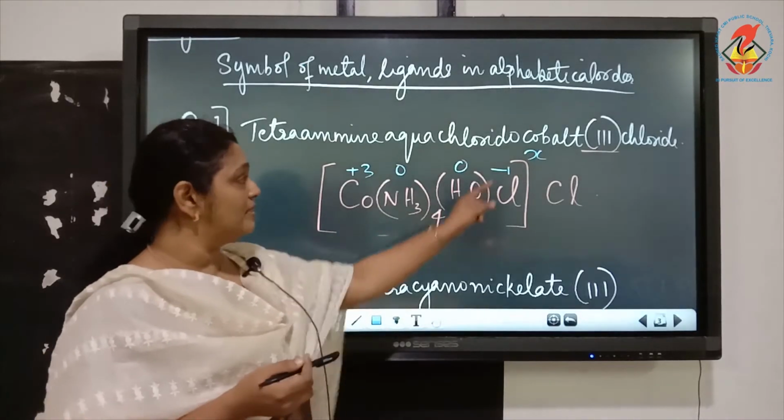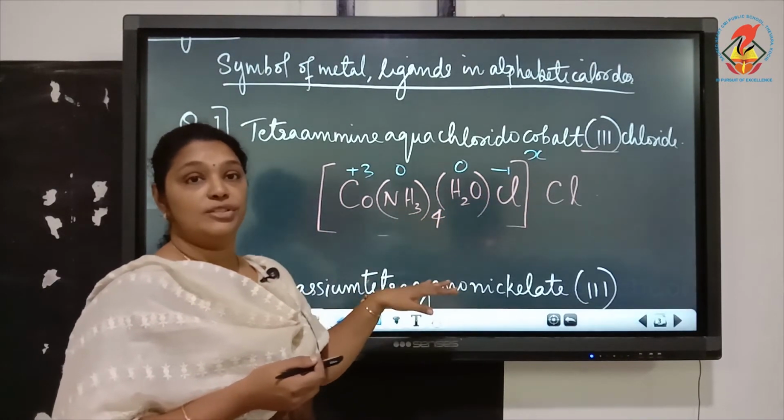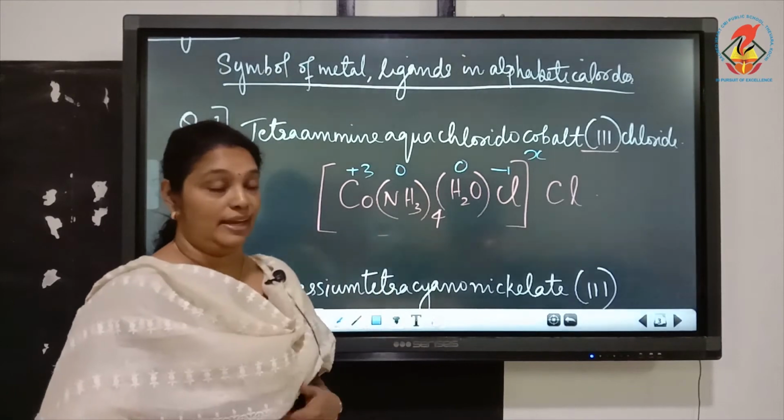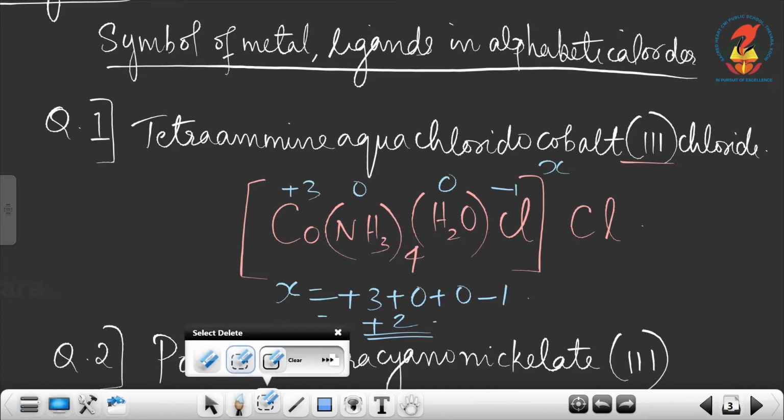So, how will you find this x? X will be the sum of charges of central atom and ligands. So, x is equal to plus 3 plus 0 minus 1, which is equal to plus 2. So, here you got x equal to plus 2.